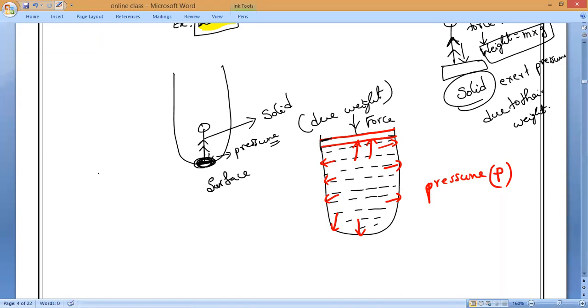Suppose I am standing here, my pressure is exerted only on this surface. If I am sleeping here, my pressure is exerted only on this surface. Whatever surface is contacting my body, only there I will exert pressure, meaning my bottom surface alone.